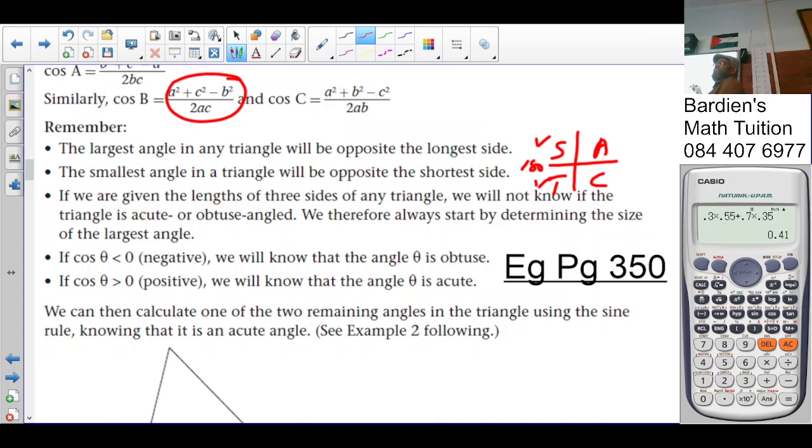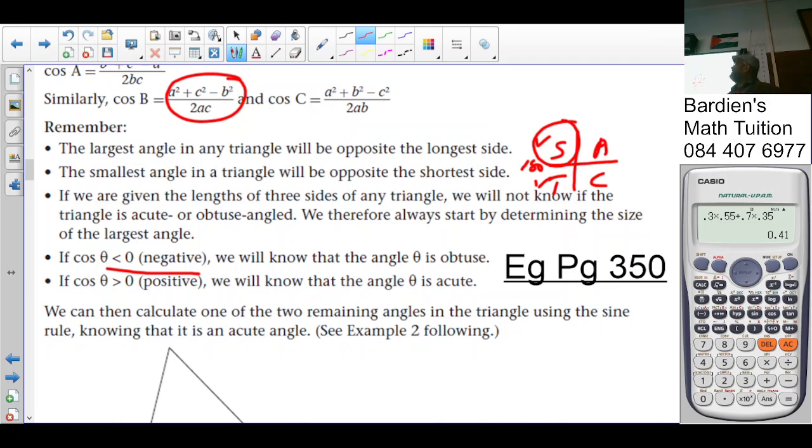No, because I can't get an angle greater than 180 in a triangle. So if cos is negative, it's going to be in the second quadrant and result in an obtuse angle triangle. What if cos comes to be positive? Then it's going to be an acute angle, which is in the first quadrant.